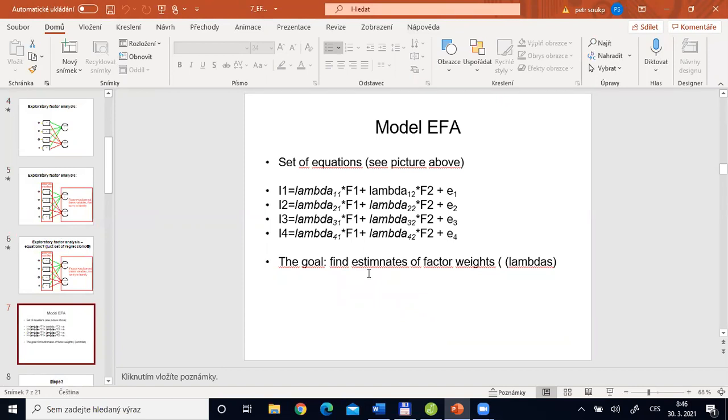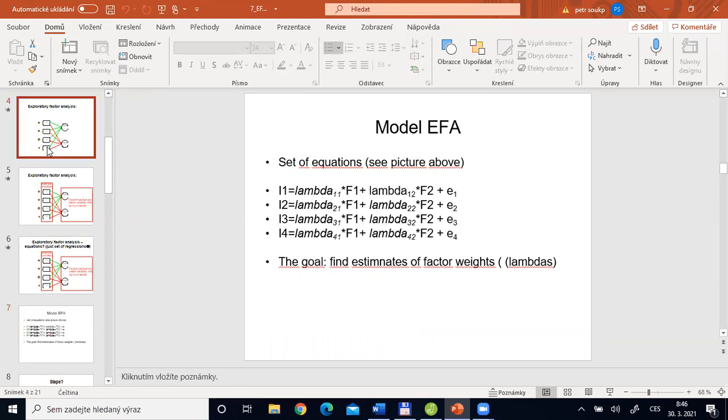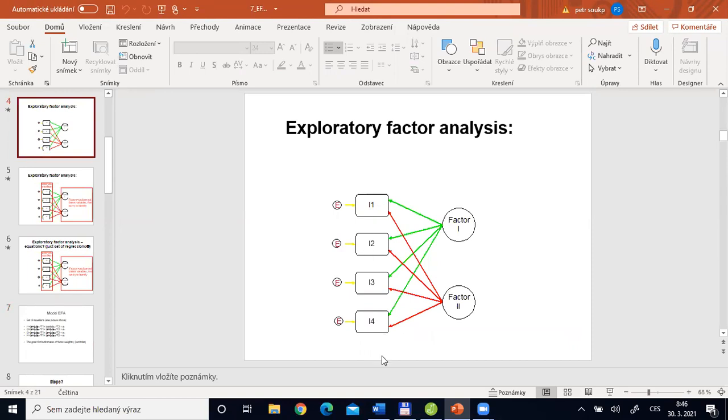So technically, if I would rephrase this logic very simply, exploratory factor analysis is nothing more than a set of regression equations in which individual observed variables are dependent and individual factors are independent. The only problem, or maybe this is slightly exaggerated, this is quite a big problem, is that I do not know how many factors are behind my data, and I do not know what the values of these lambdas are.